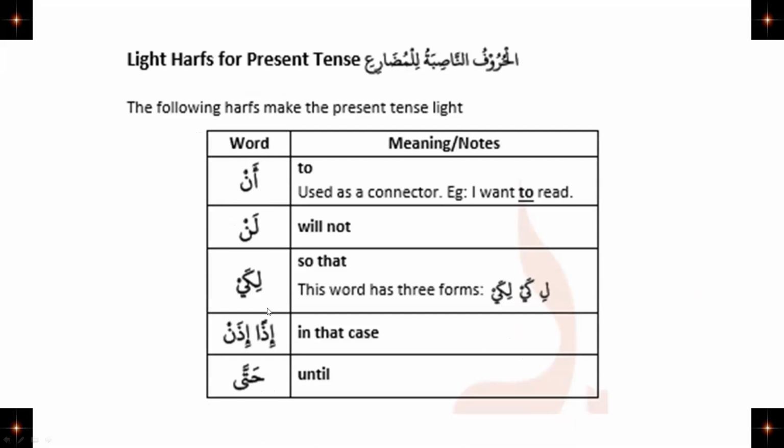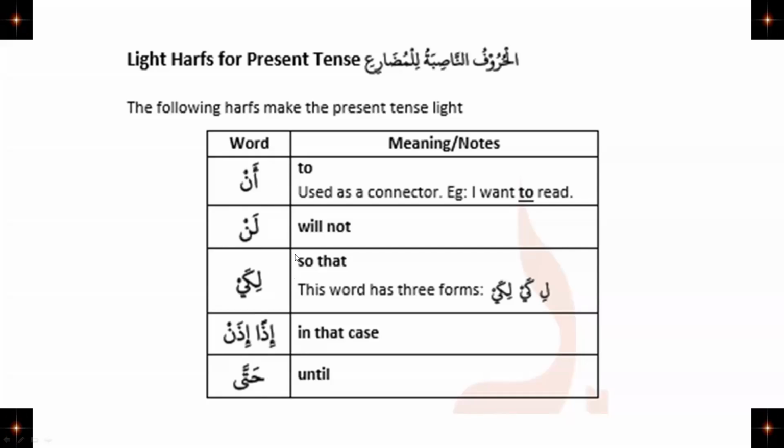Okay, that is a very good key also, that anytime you see an, lan, idhan, kay, they have to precede a fi'l. You know, initially we were talking about min, ila, 'ala, hatta, ila. They follow ism, right? Now these harfs follow fi'l. So you can't see an and then you see Muhammad, or lan Yaqub, or lan Ishaq, or likay Muhammad.